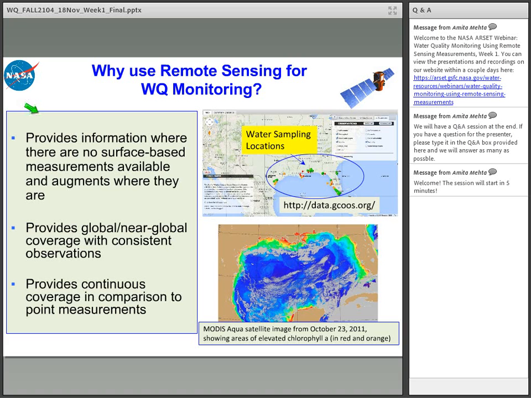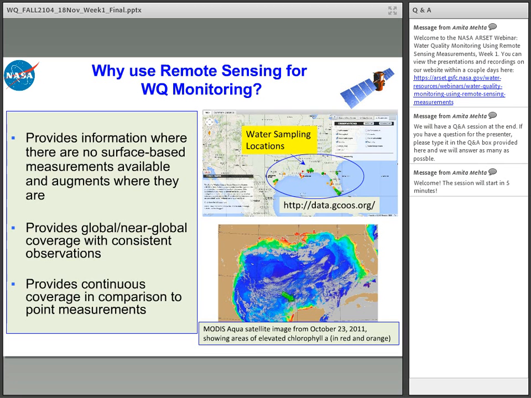There's an example shown here, the Gulf of Mexico, where all the regions shown in colors are where water sampling locations are. So this leaves almost the entire ocean without sampling.